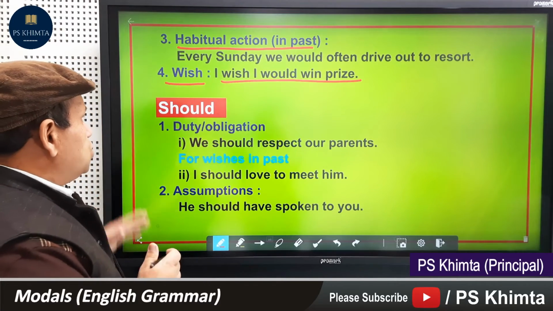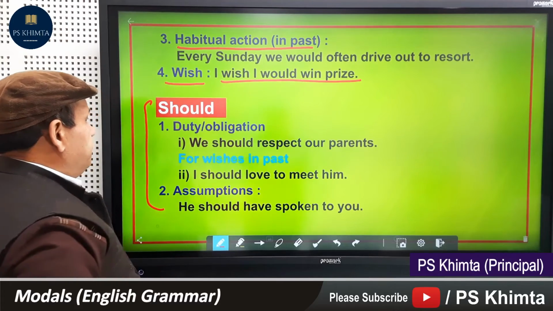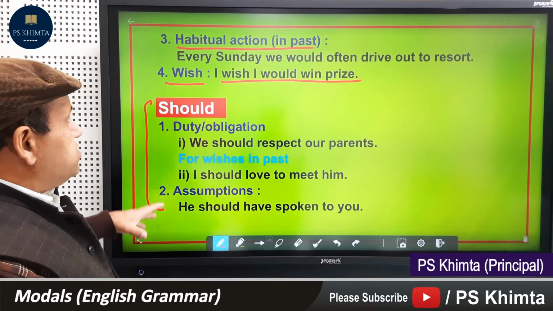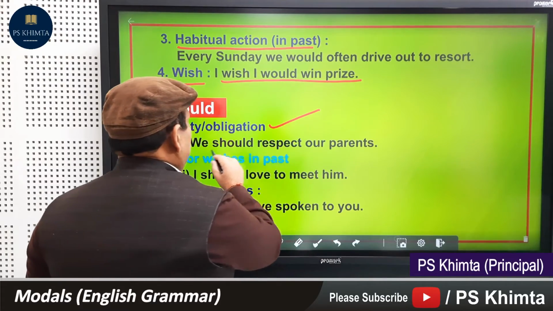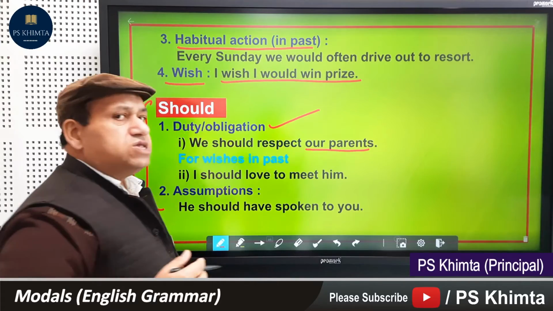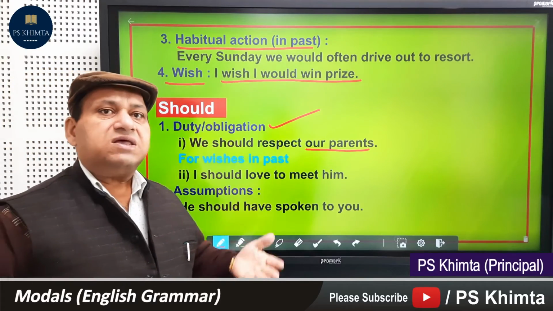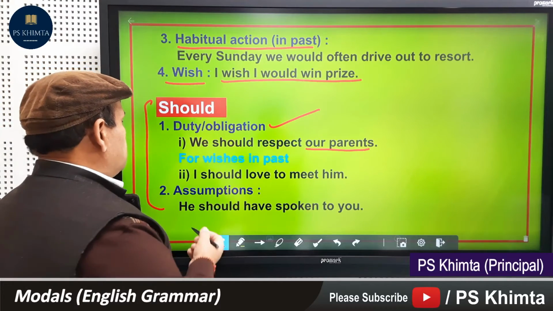And similarly, should is also a part where people get a lot of confusion. The first part is we use should when there is some duty and obligation. We should respect our elders and parents. This is duty. These are obligations also. We should be responsible to the society also.